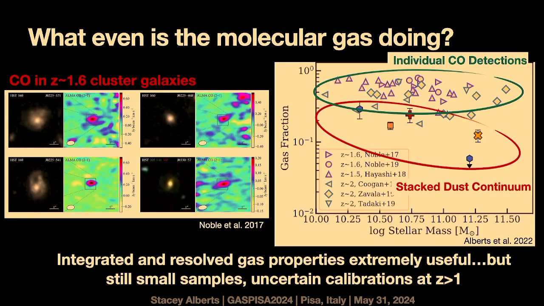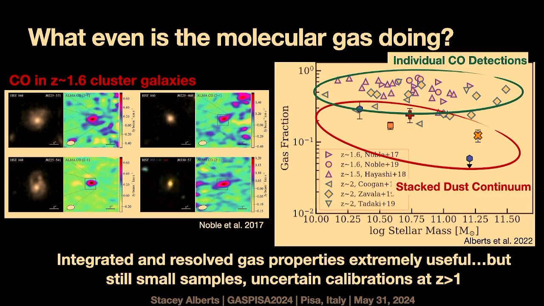Okay, and then we've also talked about gas at this conference a lot, so I just, again, have one slide on that. Gas is, of course, very important, both the molecular and atomic phases. Of course, with atomic gas, we have a hard time getting that at higher redshift, and then with molecular gas, and this was mentioned earlier in the week as well, we also have some issues. We have to rely on proxies like CO and dust because we can't get it directly, and so you might wonder if our calibrations for those have any problems, and we are finding some evidence of problems.